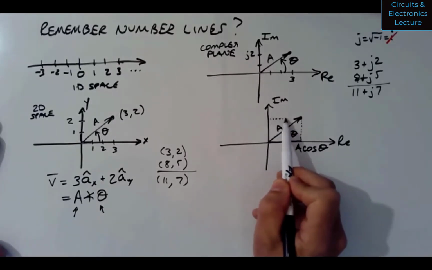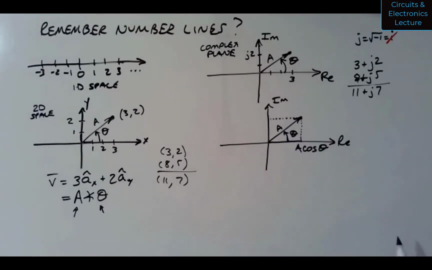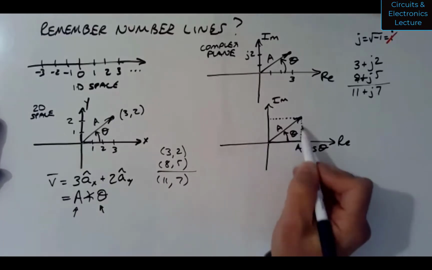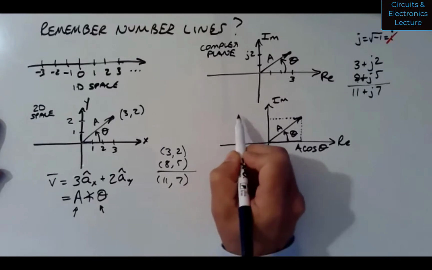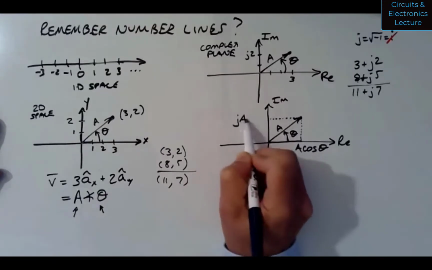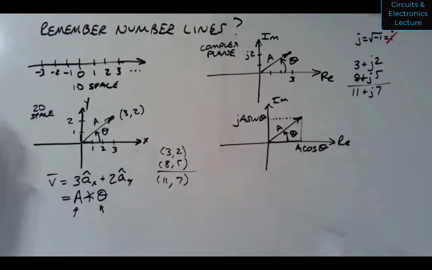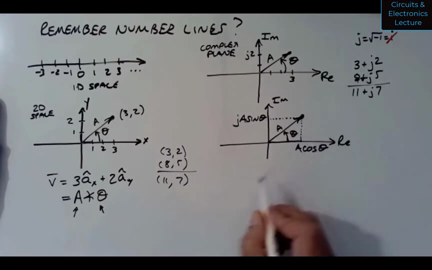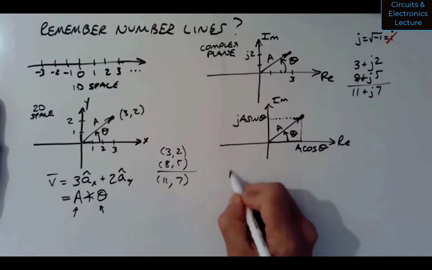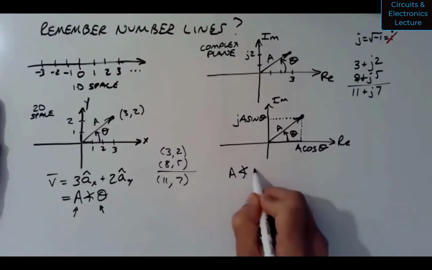If I want the imaginary value, right, let's see, I want the length of this part of the triangle here, that's going to be JA sine theta, right? The J is there just to separate it from the real value. Okay. Well, great. So what I can say is this, that this point in space in polar notation is A at an angle of theta, right?